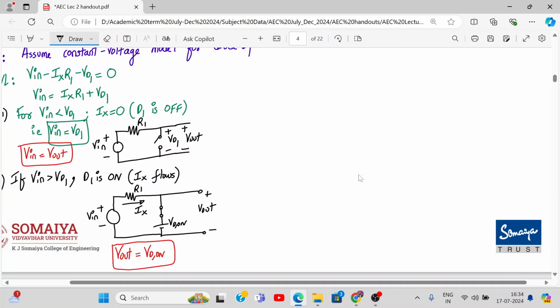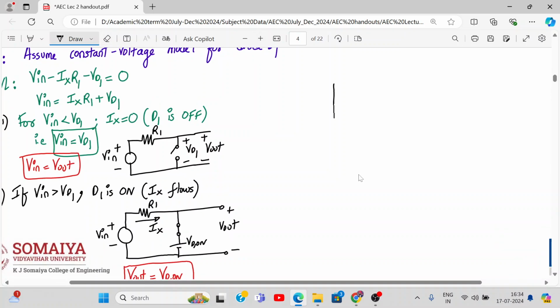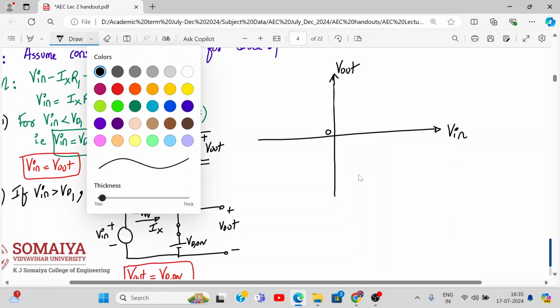Let me draw it over here. Okay. So this will be V in, this will be V out on the y axis. Now tell me how to plot it. First of all, I will mark VD on the positive side over here, somewhere around here.